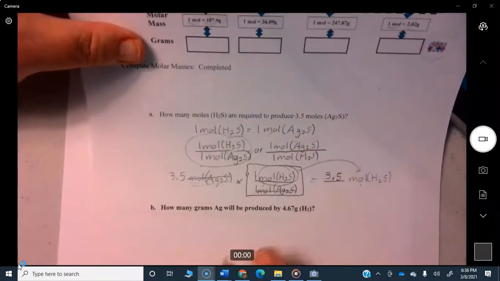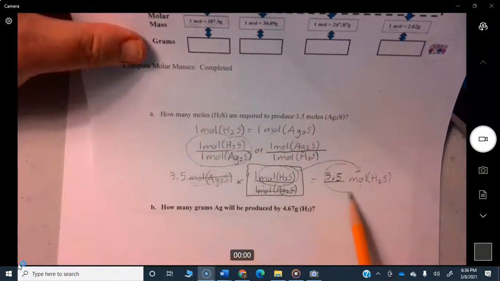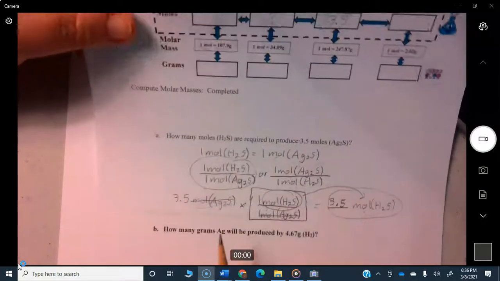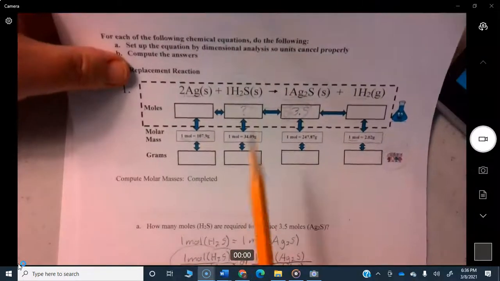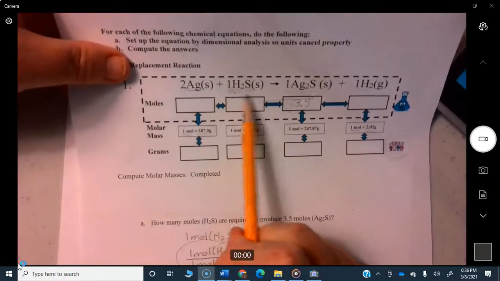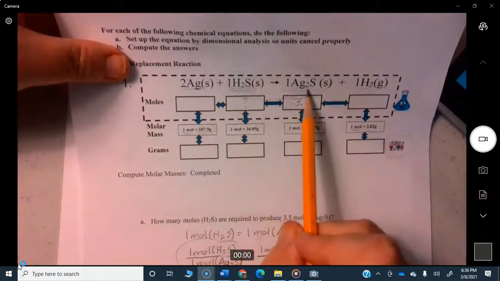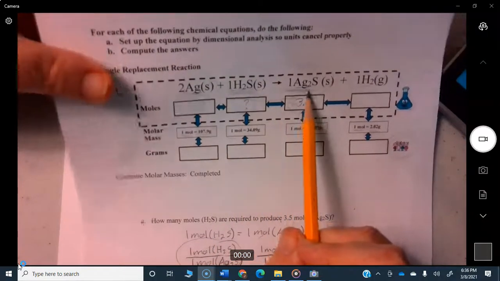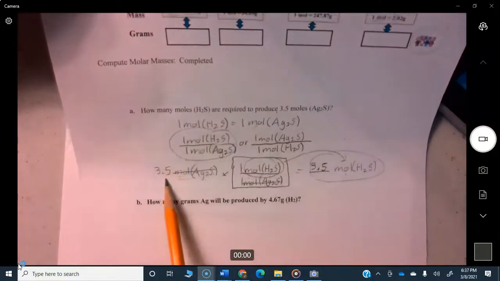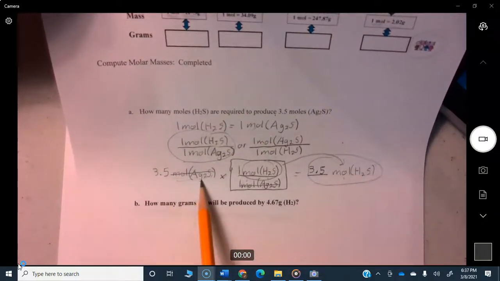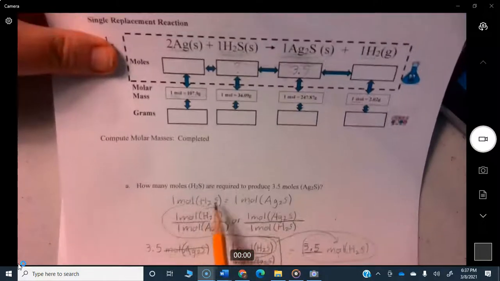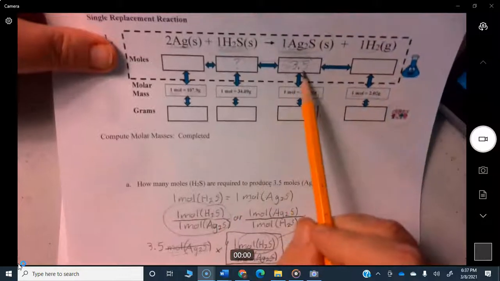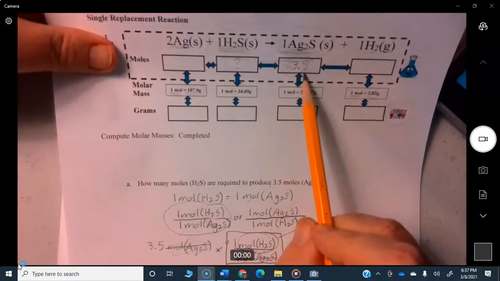So what is this saying? So you're going to end up, this is your final answer. So what is this saying? The chemical equation is telling us however many moles of H2S we put into the reaction, we're going to get, on the product side, the same number of moles of Ag2S. So in this case, we actually got out 3.5 moles of Ag2S.